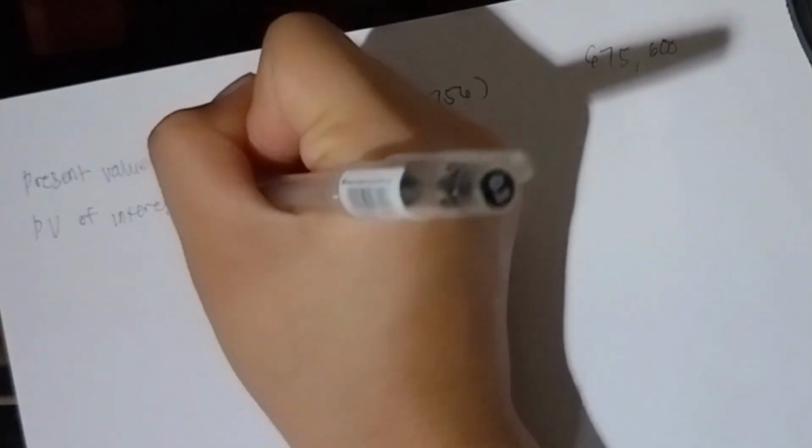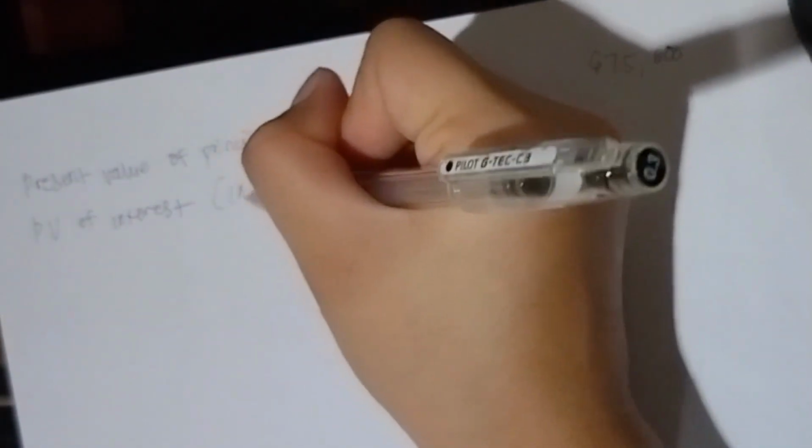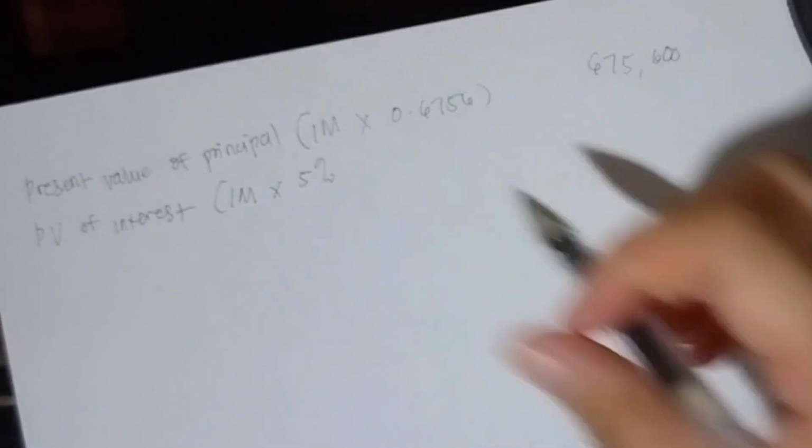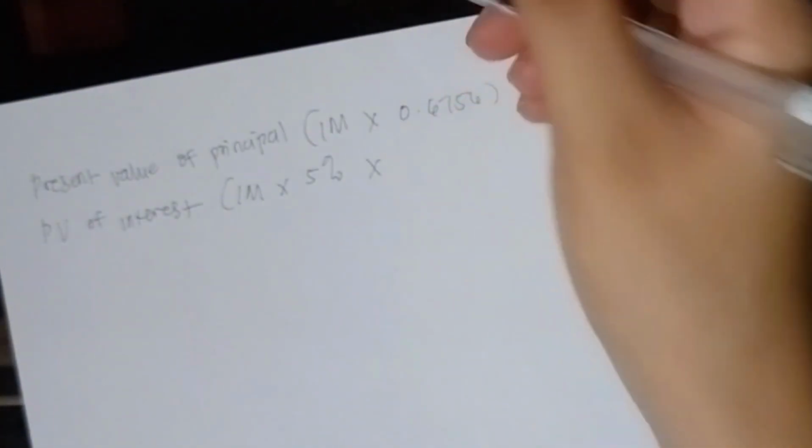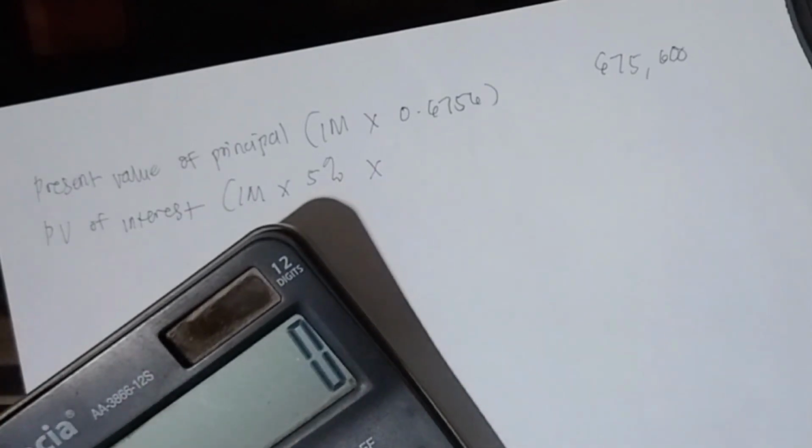So for the PV of interest, we have 1M times 5% interest. It is because it's semi-annually. So 10 divided by 2, which is 5%, times the PV annuity of 1. So we have here 1.04 for 10 periods, 1, 2, 3, 4, 5, 6, 7, 8, 9, 10, minus 1, divided by 0.04.